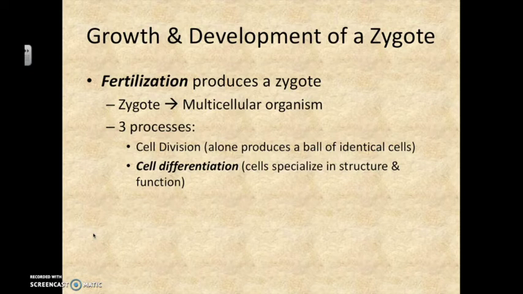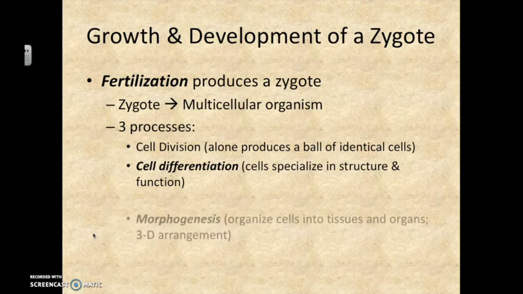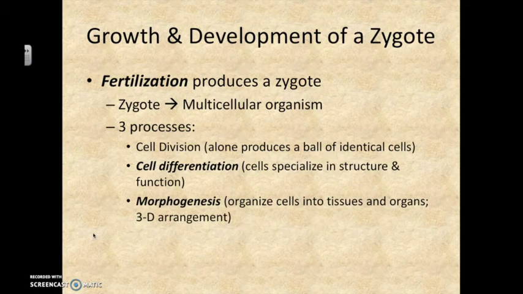The genome in each of those cells remains the same, but it's the epigenome that differs, the portion of the genome that's being expressed in each of those cells. And then lastly, we have morphogenesis, where the cells are organized in a certain way into tissues and organs to produce the correct three-dimensional arrangement of structures in the organism so that everything's in the right place.